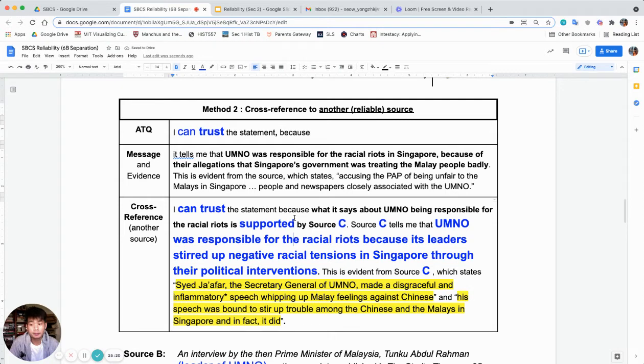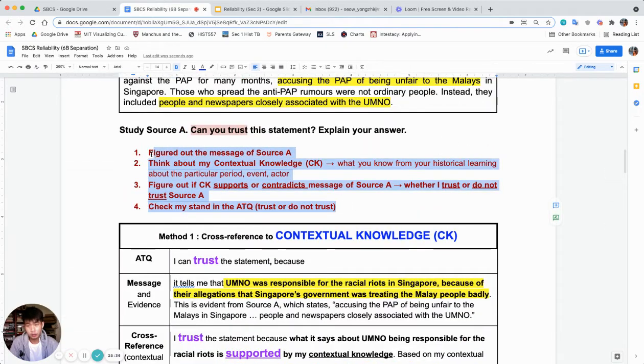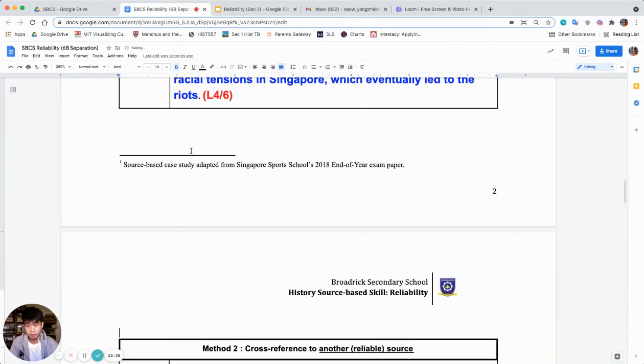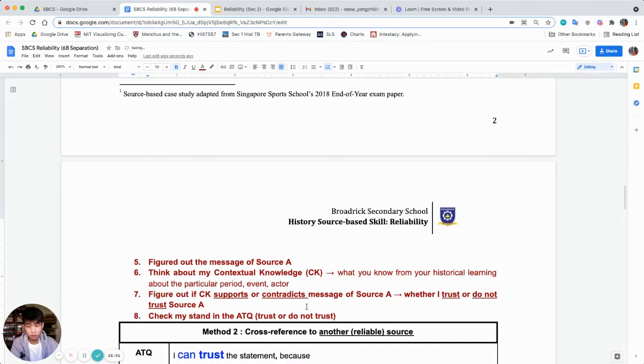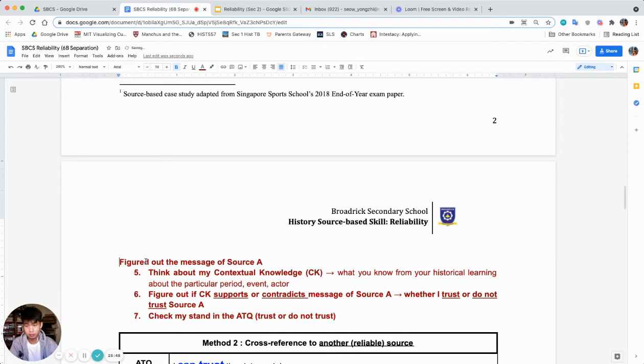Please take a couple minutes, digest what we just did. The steps here are very similar. We actually figured out the message of source A, right? But this time we didn't think about contextual knowledge.